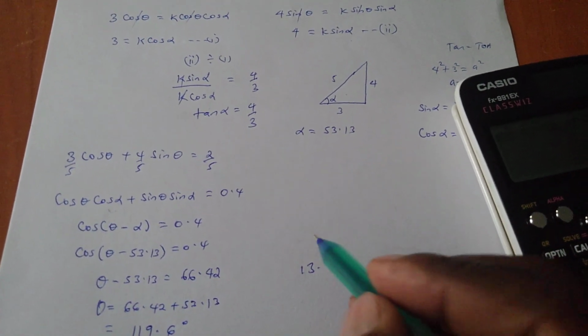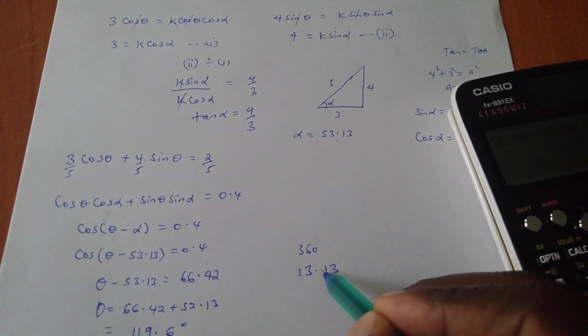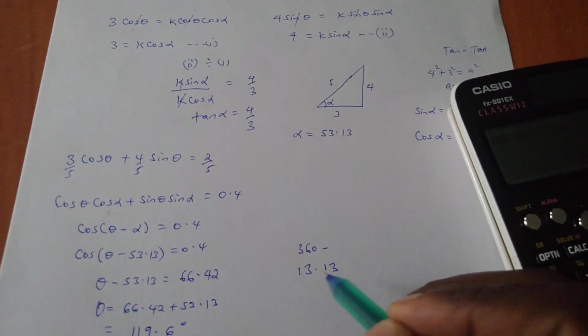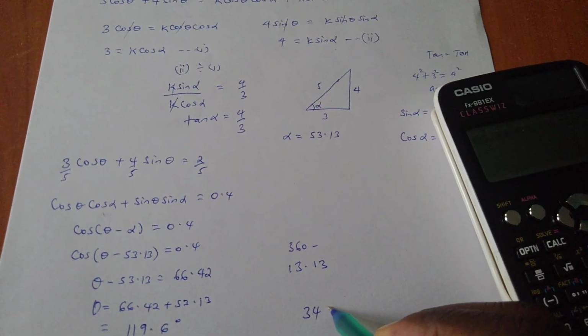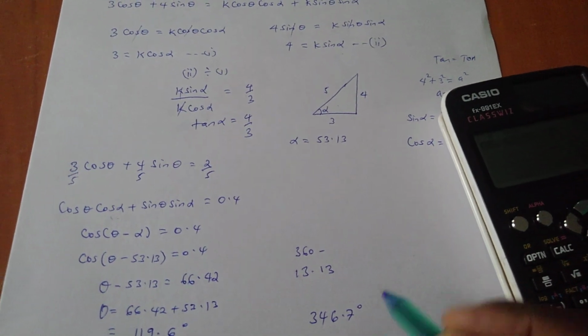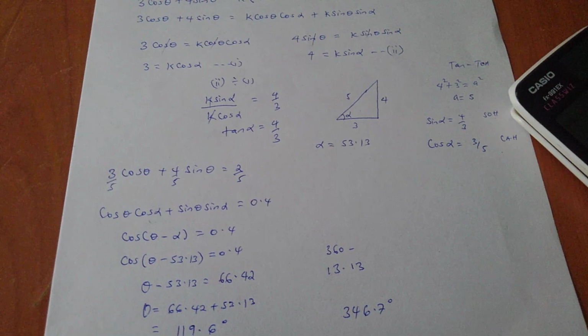Now I'm going to get 360 and subtract this from it, so another angle will be 346.7 degrees.